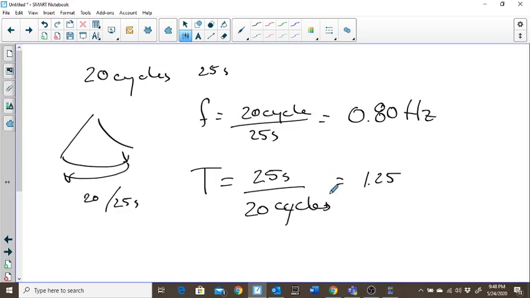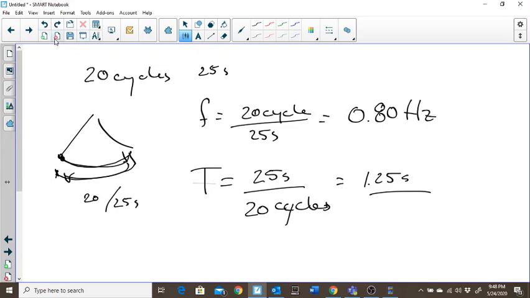1.25 what? Well, seconds, and you can think of this as being seconds per cycle, but we just only talk about period in terms of the time. It's the assumed time for 1 cycle. So what that means is that the child is here, swings out, and then swings all the way back, and that takes 1.25 seconds.